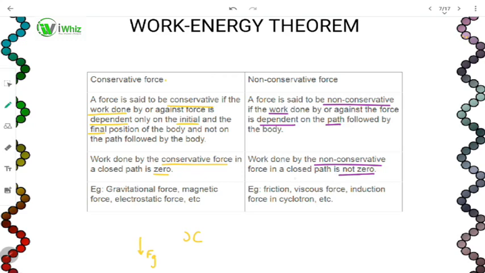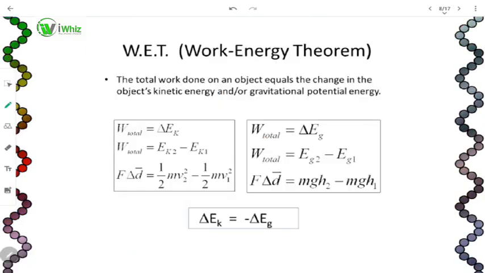Some examples of those forces are friction, viscous force, induction, and forces in a cyclotron or other types of forces. Remember that if you want to know more, you can research the examples and see how they work and how they affect conservative or non-conservative forces. We then can look at the work energy theorem.